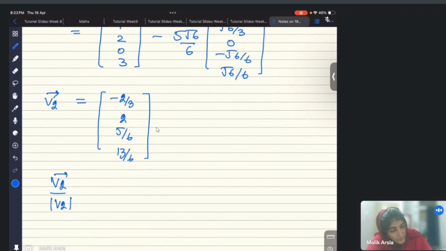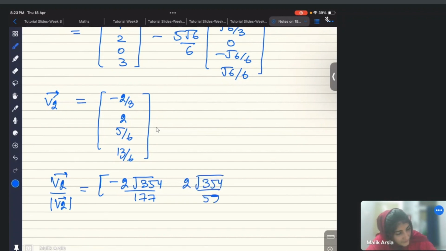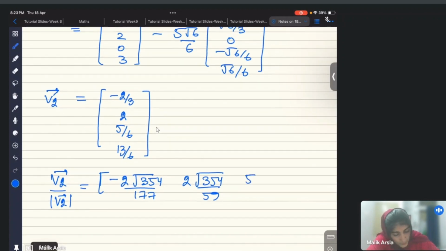You have to divide this v2 vector by its magnitude, and when you simplify it, it comes out to be minus 2 into root 354 upon 177, then 2 into root 354 upon 59, and 5 into root 354 upon 354, and the last one is 13 into root 354 upon 354.